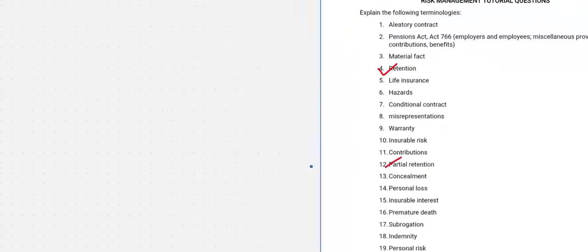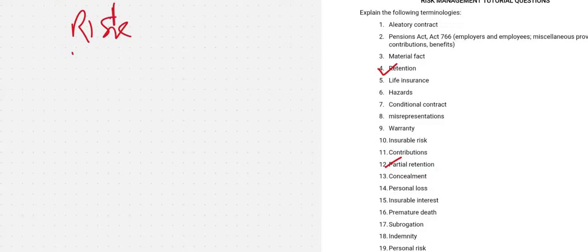So now, risk management. When we speak on risk management, we can say it's the process of identifying loss exposures, analyzing the loss exposures, selecting the appropriate risk management technique or method to address the loss exposures, and implementing the appropriate technique and monitoring to meet management objectives or risk objectives.